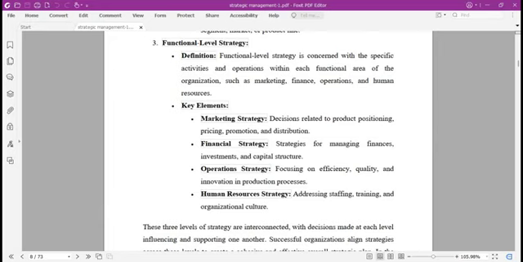2. Financial strategy. Strategies for managing finances, investments, and capital structure. As the word suggests, financial strategy. How well do we manage our finances, our spendings, our running costs mechanism, our investments, and capital structure? How well do we manage our investments?